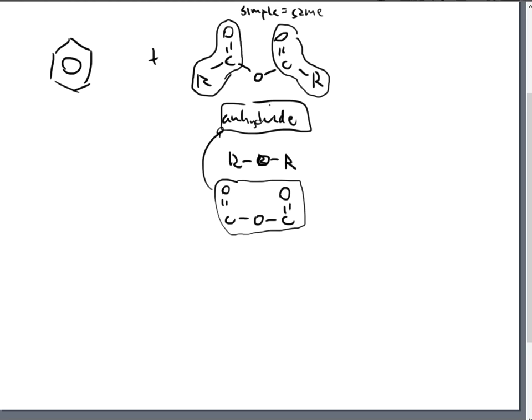We can take benzene. We can react it with an acyl chloride. All right, so the acyl chloride is this. Acyl, because of the C double bond O, chloride, because of the Cl group. Or we can react it with an anhydride. And folks, both of these are the same. They both do the same thing.